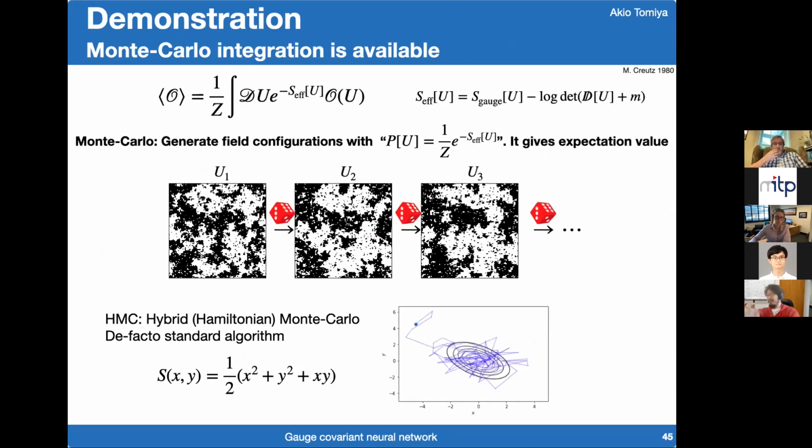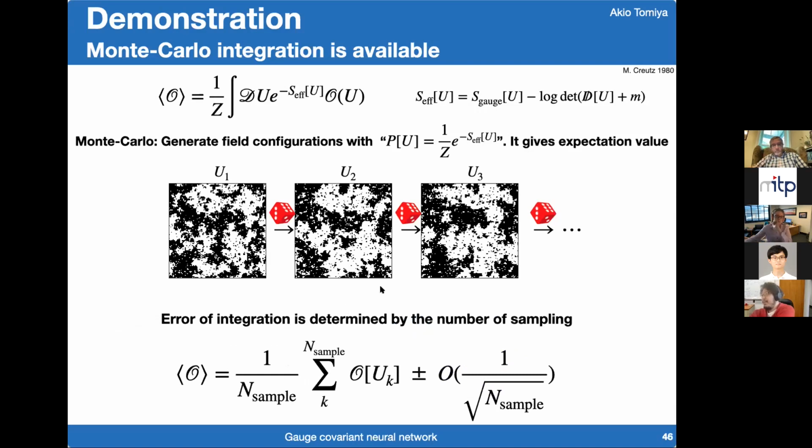So we use Monte Carlo instead. In Monte Carlo integration, we use a probability described by the Boltzmann weight. If we use hybrid Monte Carlo, we can make samples of the gauge theory. After collecting the configurations, we can calculate the expectation value using the average over the configurations.